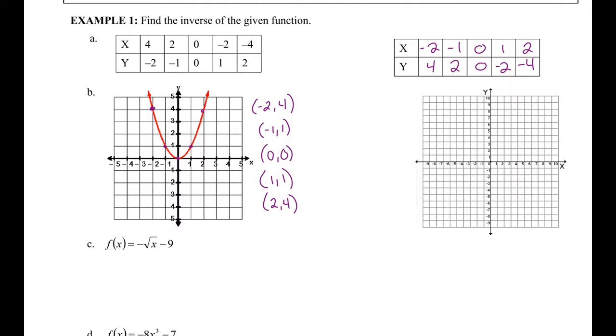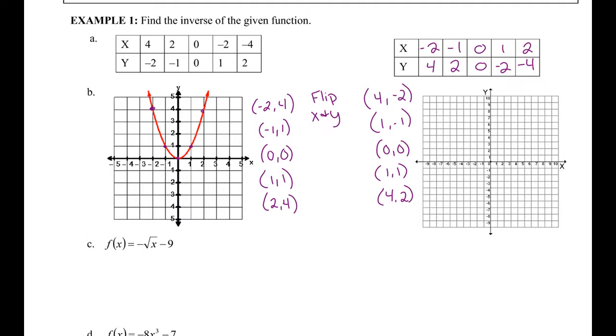And to find the inverse graph, I'm going to, just like before, flip x and y. So I'll have (4, -2), (1, -1), (0, 0), (1, 1), and (4, 2).